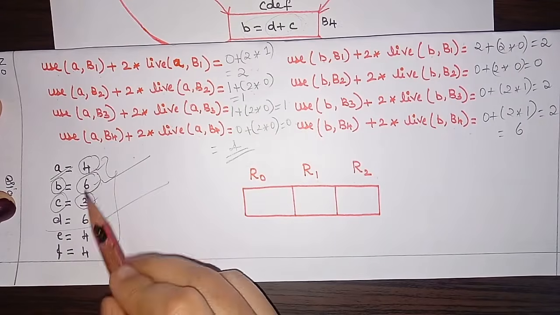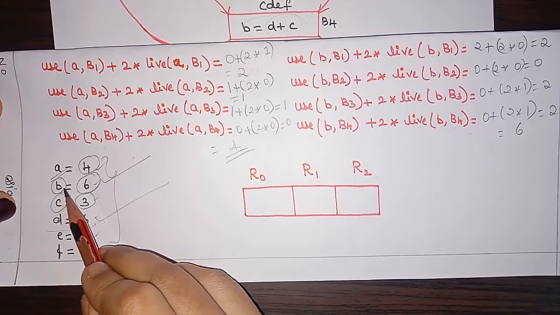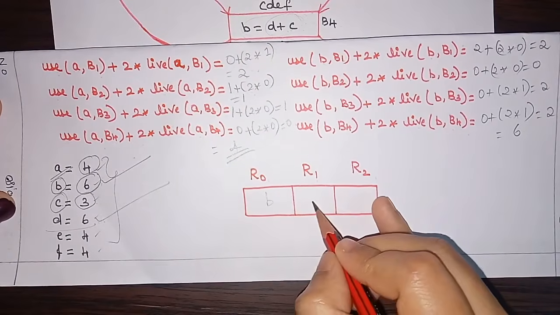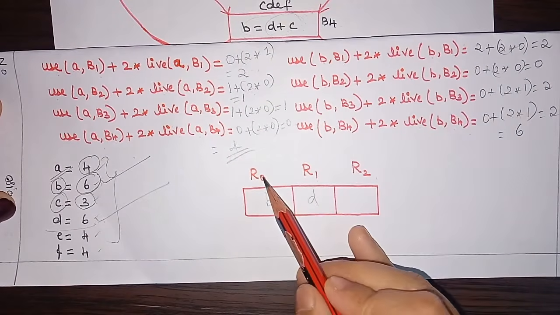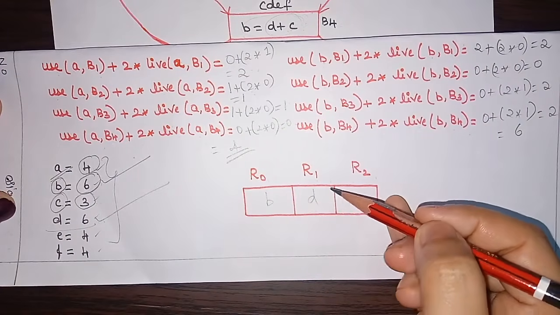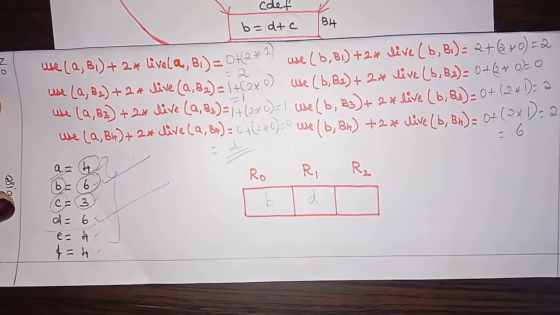So what we can do here is assign these variables to two registers, that is B and D can be assigned to registers R0 and R1, so that we can save the highest cost here.